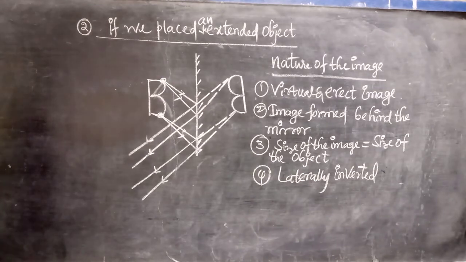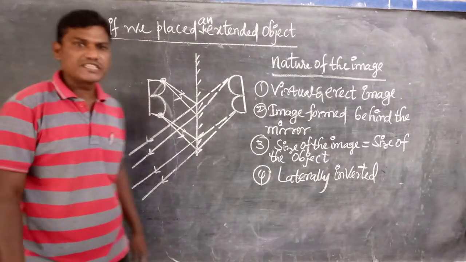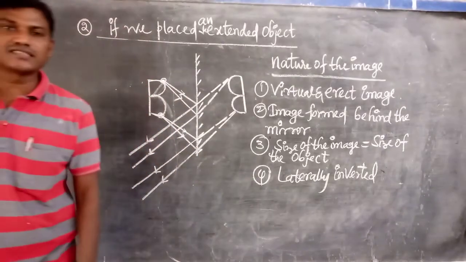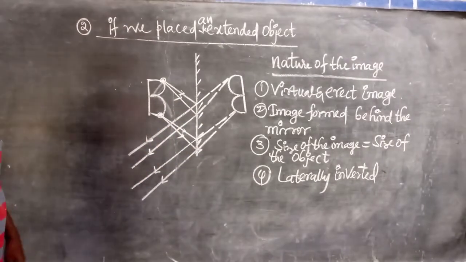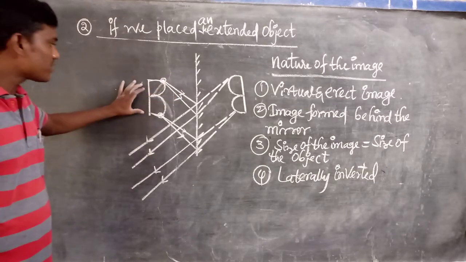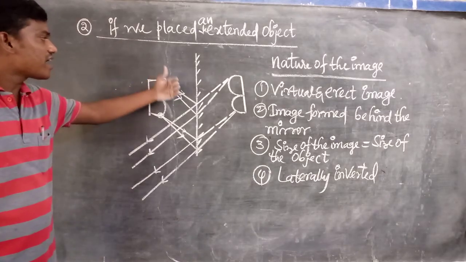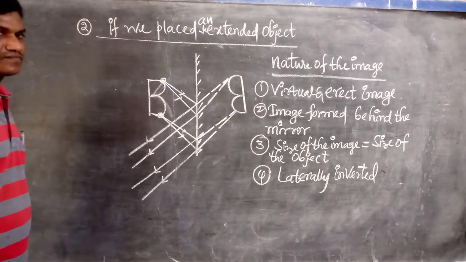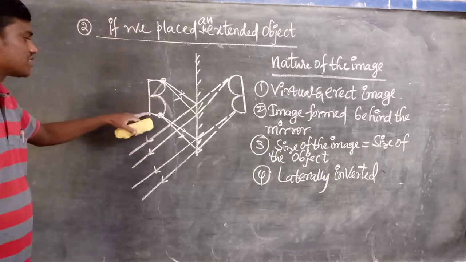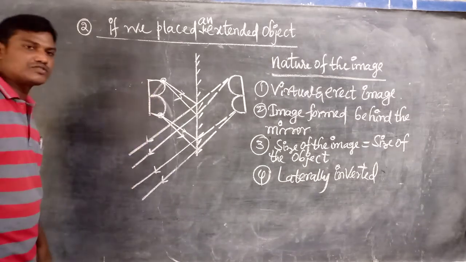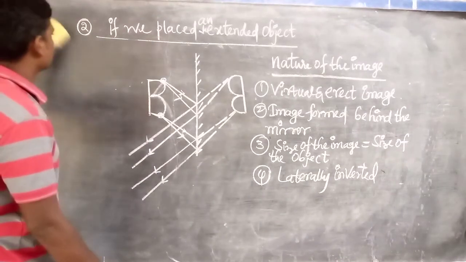Laterally inverted means right appears to left, left appears to right. That is called lateral inversion. So this type of nature of the image we observe when we place an extended object in front of a plane mirror. So instead of this letter, when you draw the diagram, you can use any one of the letters. Choice is yours except O.